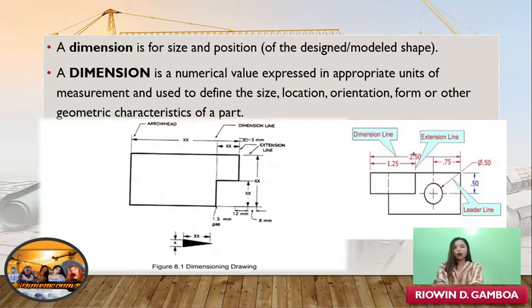We also tackled the differences between dimension line, extension line, leader line, and how to use them, what the steps of dimensioning are, and how and where to put dimensioning.